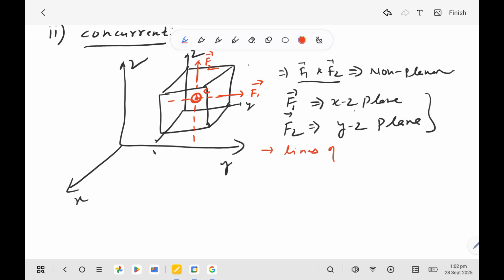So lines of action of forces meet at a common point.